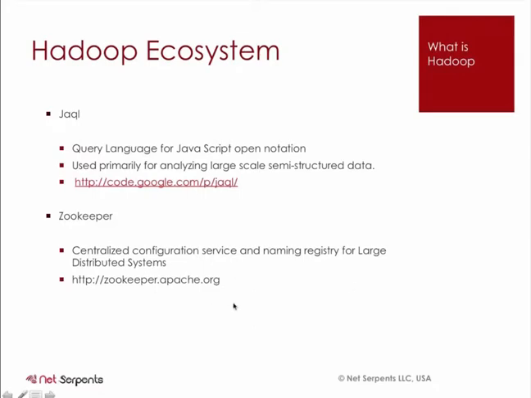I have one question, Shashi. Yeah. So basically, to access that structured and unstructured data, we will be using these technologies, right? Like Jaql or Zookeeper or Pig or Hive. Yeah. So Hadoop is not itself a system or a software or an application that will be used.